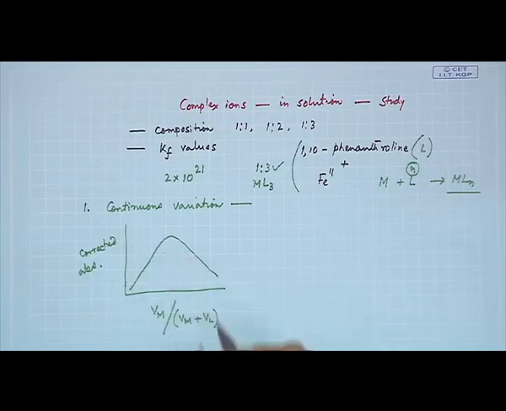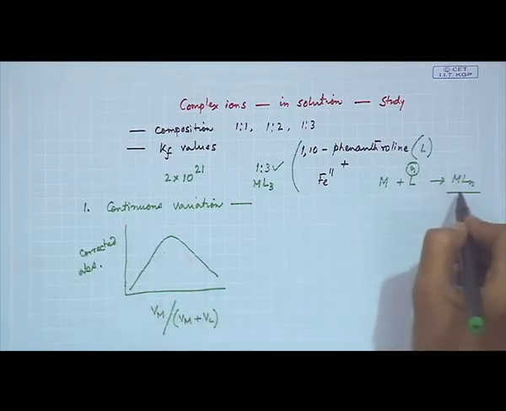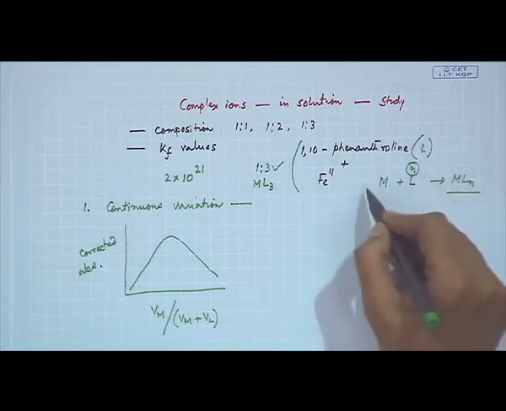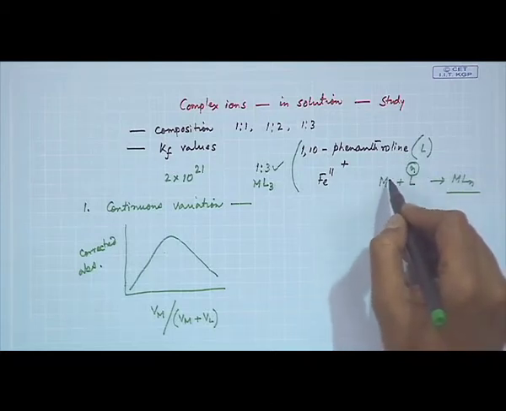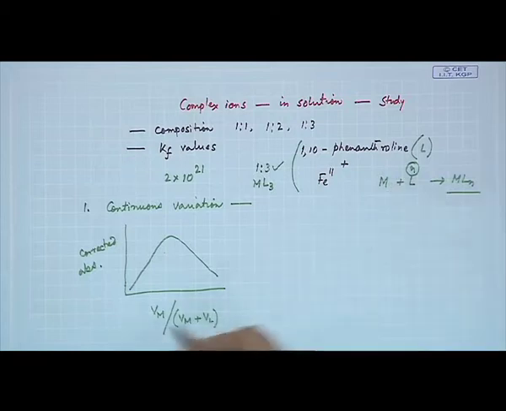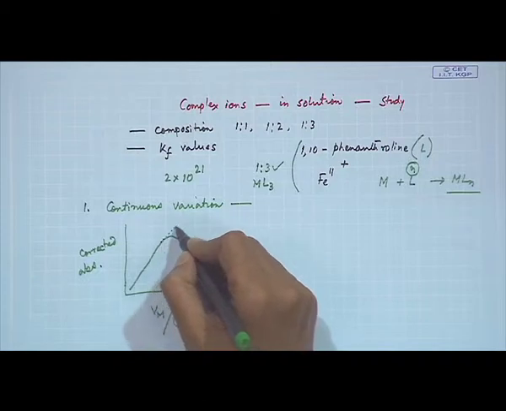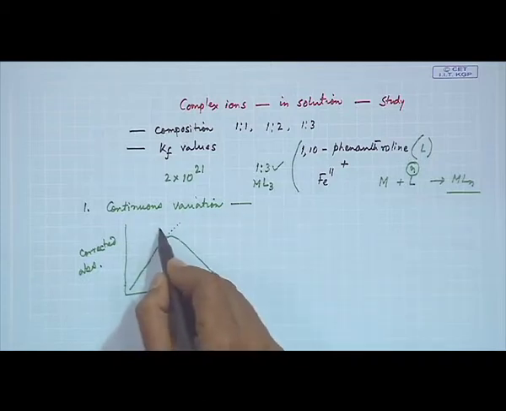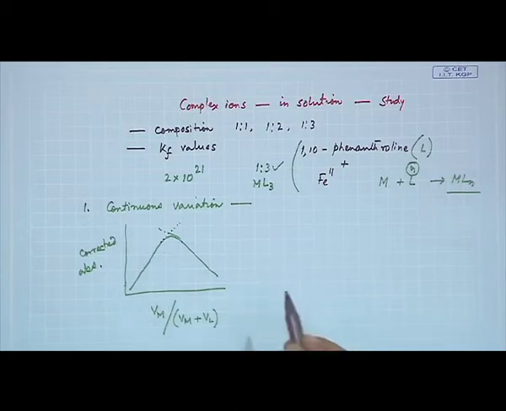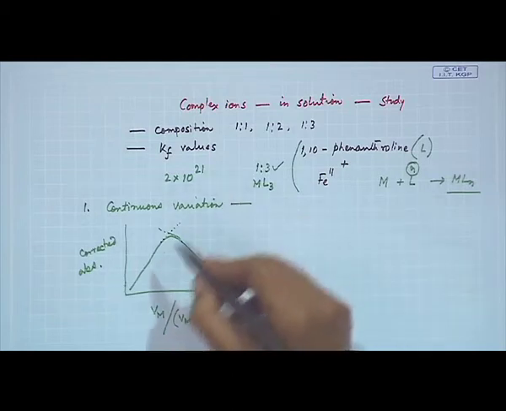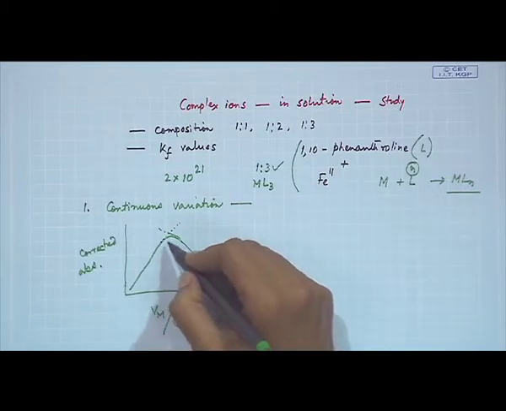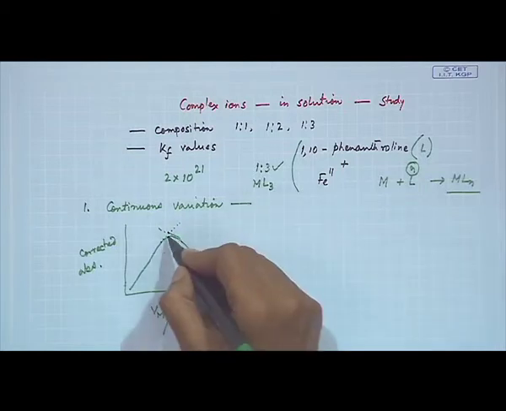This decrease is due to the dilution of the formed metal ion complex, because with the addition of more and more of the volume of the metal ion, it will decrease at that point. If we extend the straight line parts, there is a cross section over here.